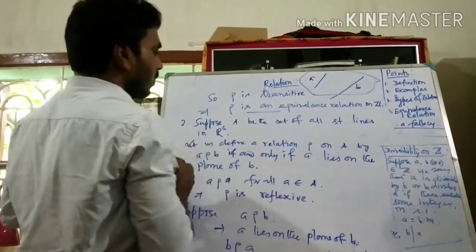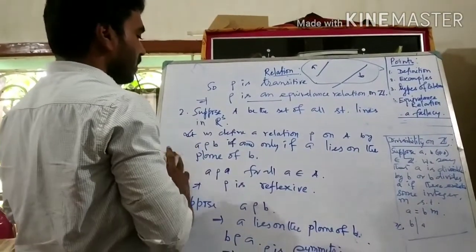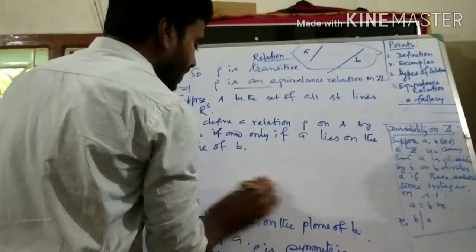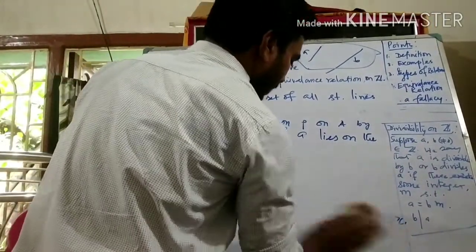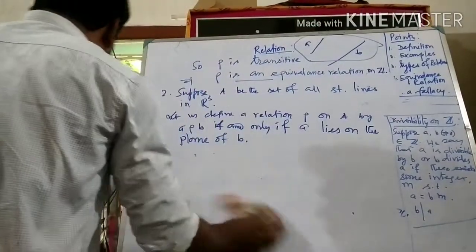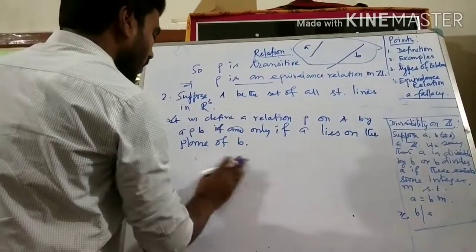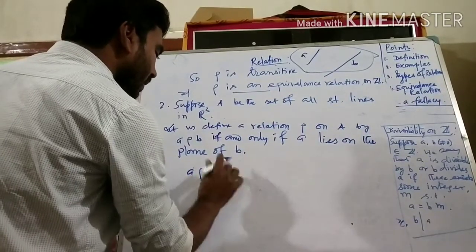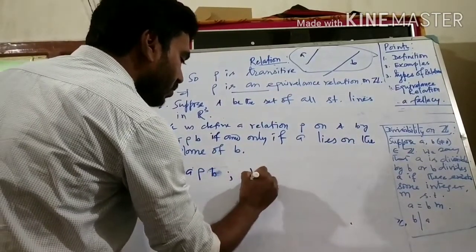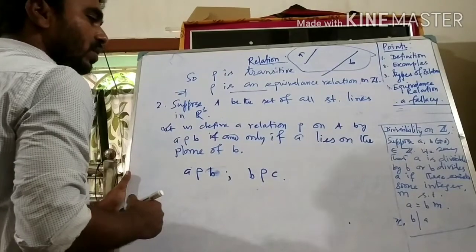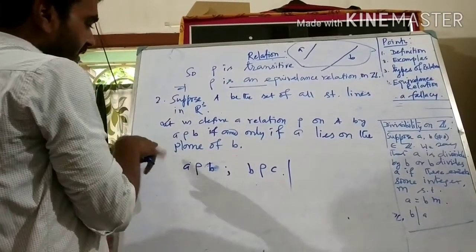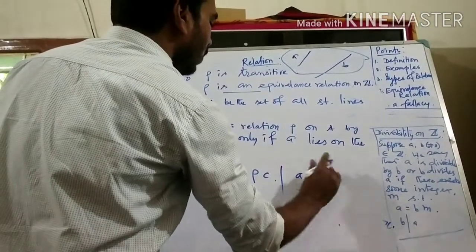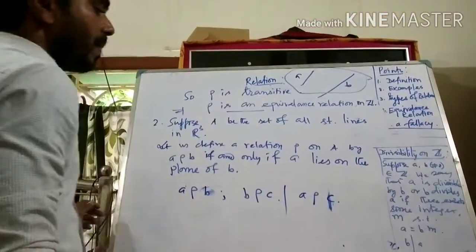Now let us check whether this is transitive or not. For that, we suppose there is a relation between A and B, and there is a relation between B and C. If this relation is transitive, then A rho C must hold.